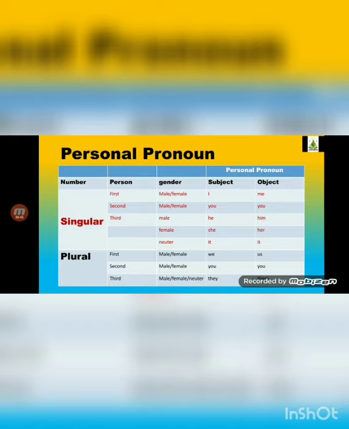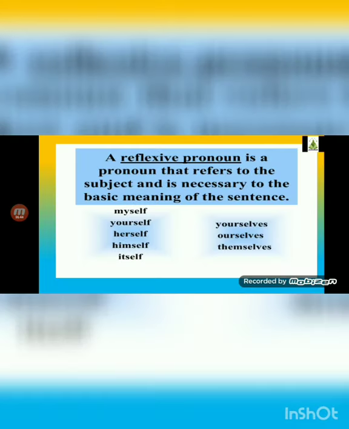Let's move on to the next one, that is the reflexive pronoun. Now, what is a reflexive pronoun, children? A reflexive pronoun is a pronoun that refers to the subject and is necessary to the basic meaning of the sentence.